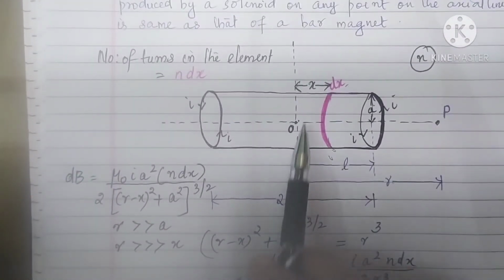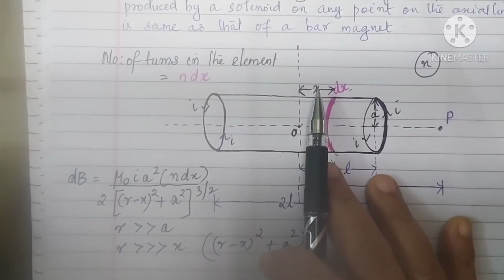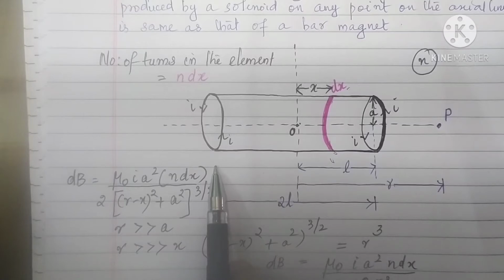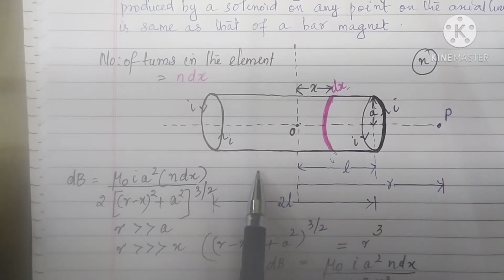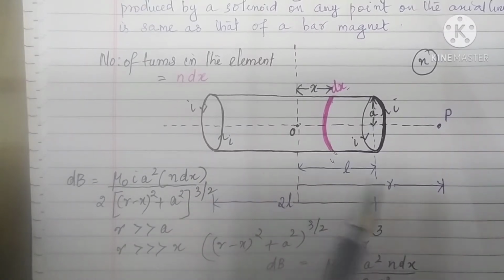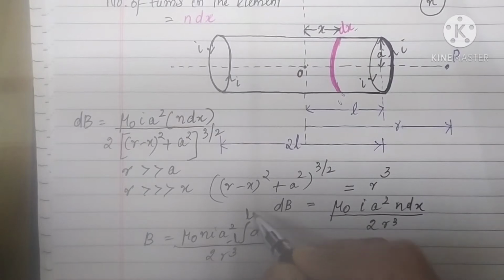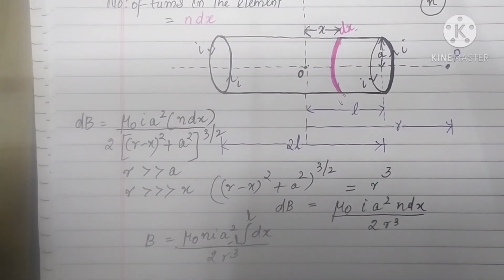If this is taken as an axis, this portion will be L and this will be minus L. No doubt for that, so the integral limit will always be from minus L to plus L. Clear for you? This is the range of variation of x, from minus L to plus L.